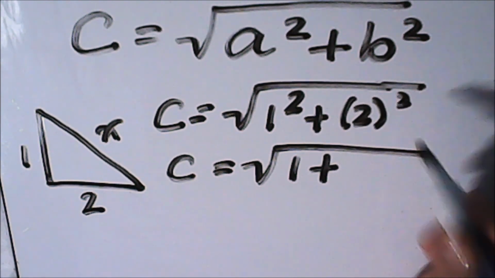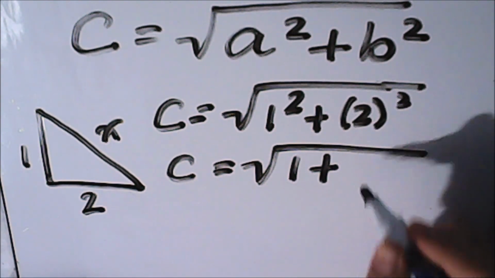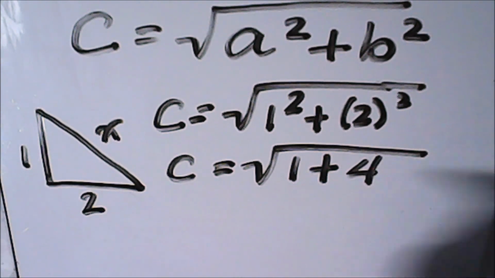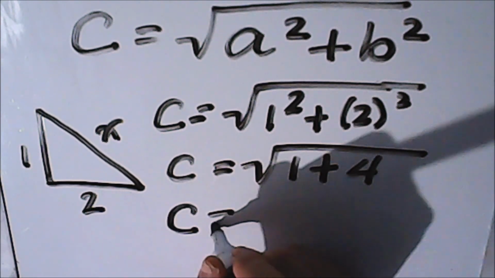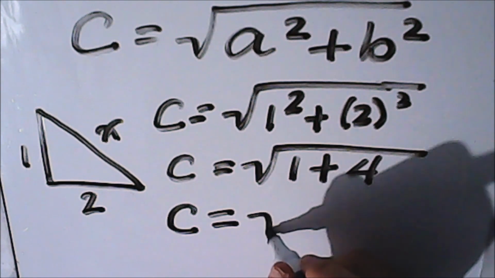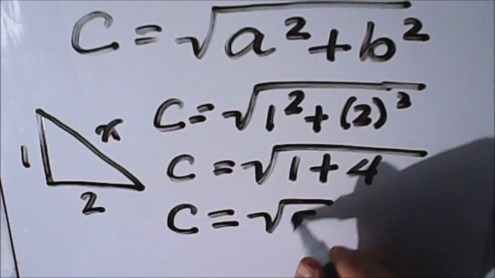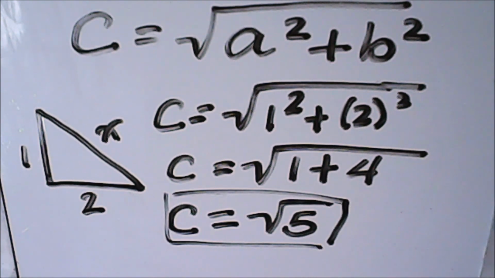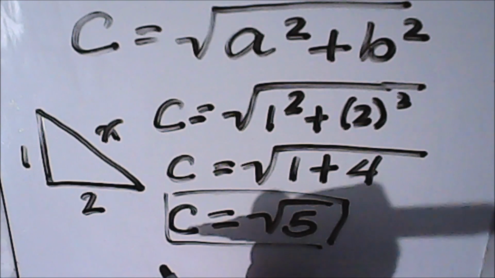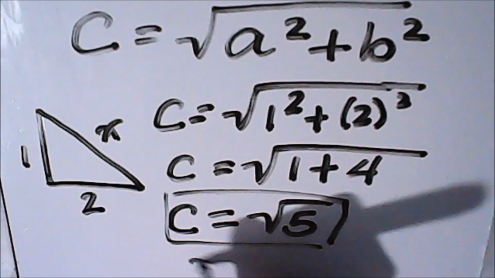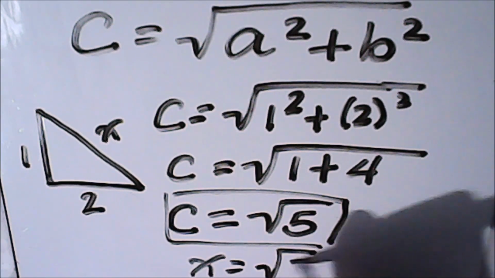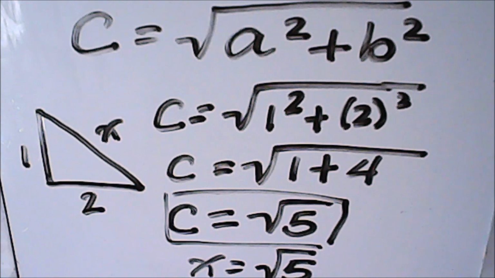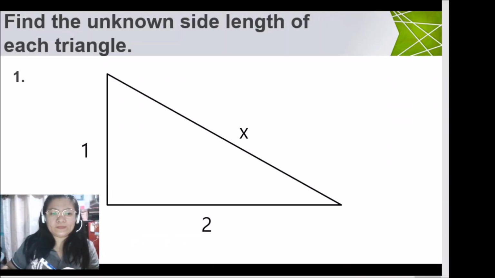Plus 2 squared. 2 squared is 2 times 2, which is 4. So C is equal to the square root of 1 plus 4, which is 5. So C is equal to the square root of 5. Therefore, x is equal to the square root of 5.